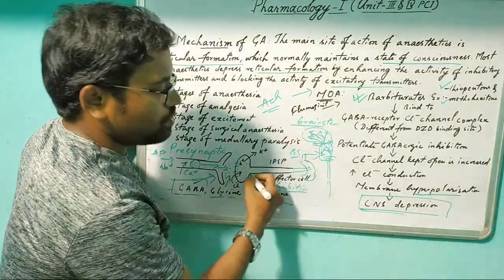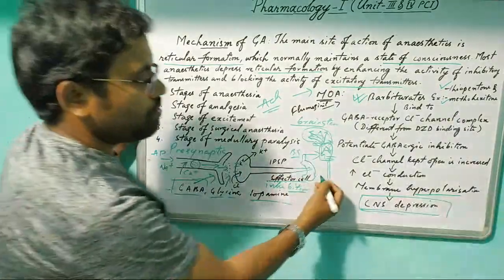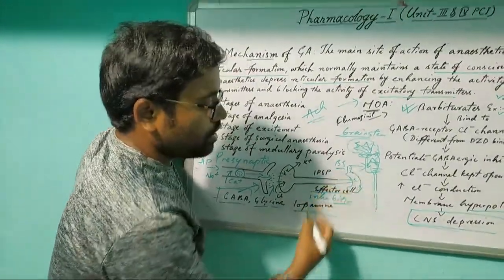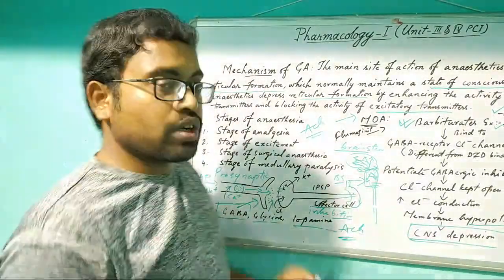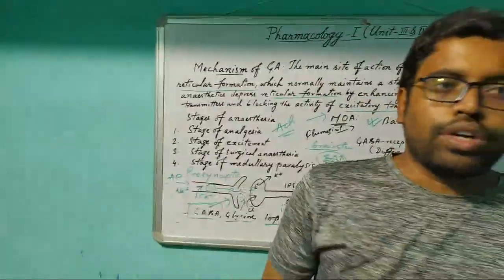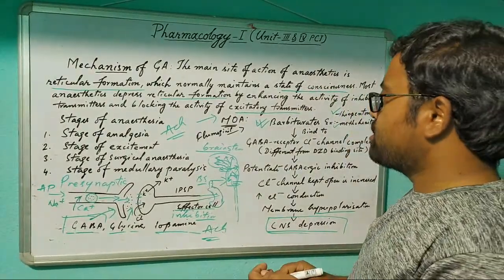If the inhibitory action is there on the effector cell, what will happen? There will be no sensation, because it inhibits the action of acetylcholine or excitatory neurotransmitters. Here it is blocking. In that way general anesthetics are working or functioning.